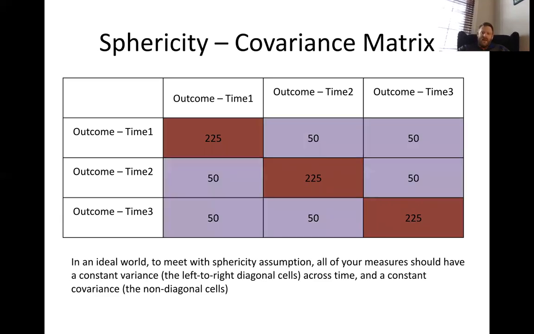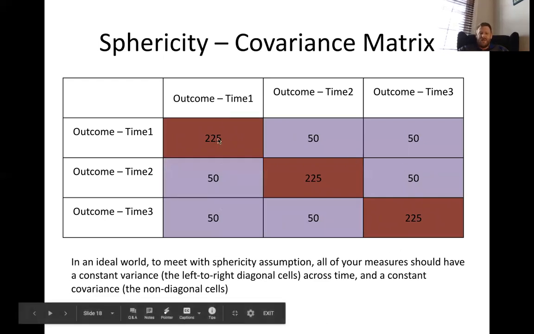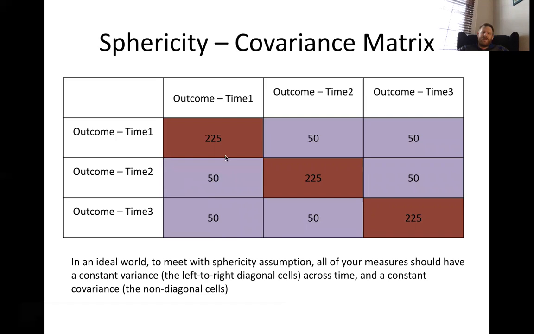In addition to that, the covariances between all those time points should be consistent too. So the covariance between time one and time two should be fixed, time one and time three should be fixed, and they all should be fixed to the same value. So not only is the variance the same, the covariance should be the same too.